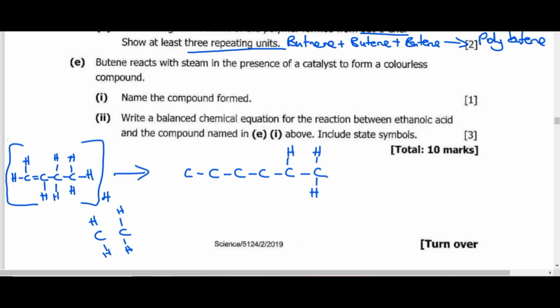And then let us find another one where we're going to have another one like that.